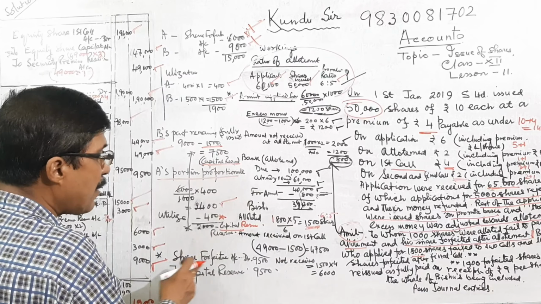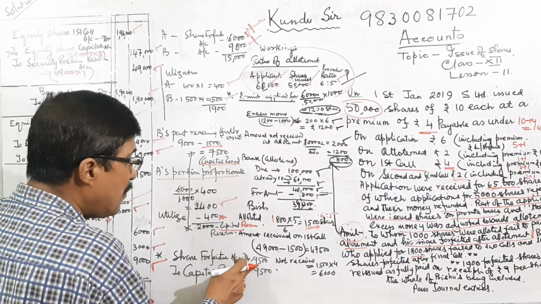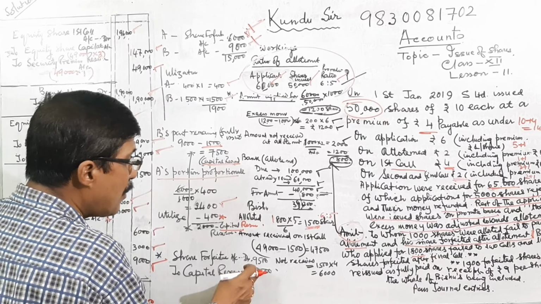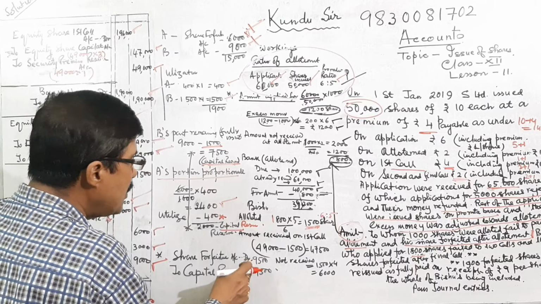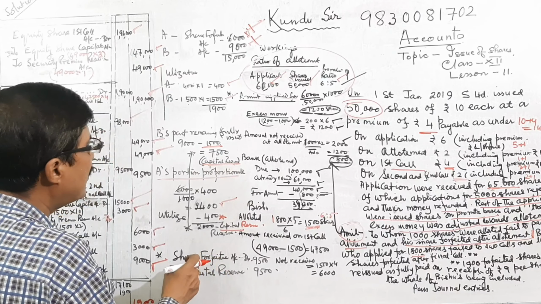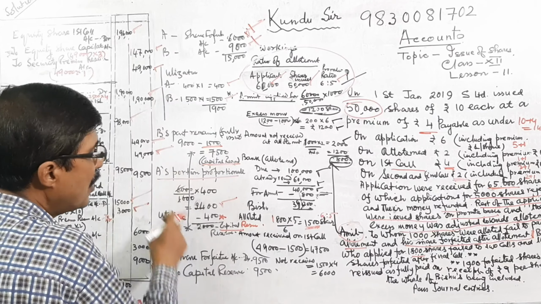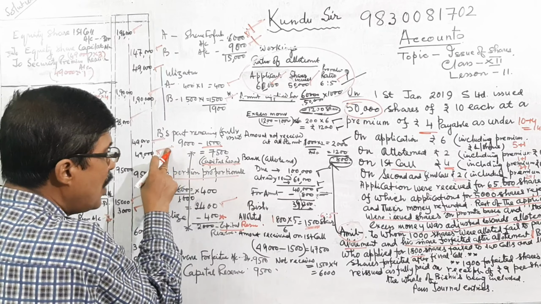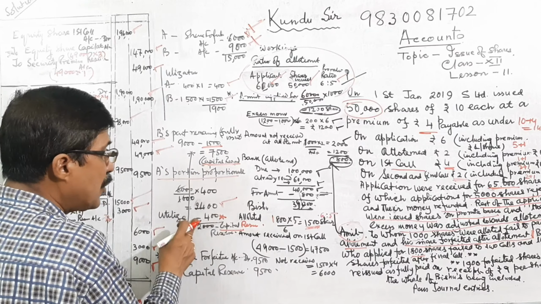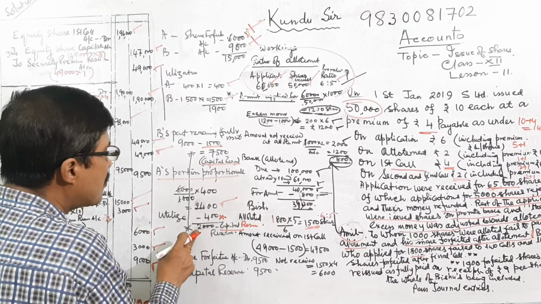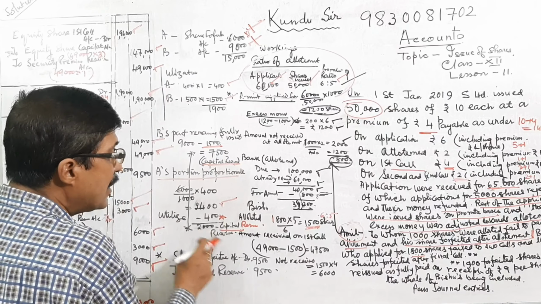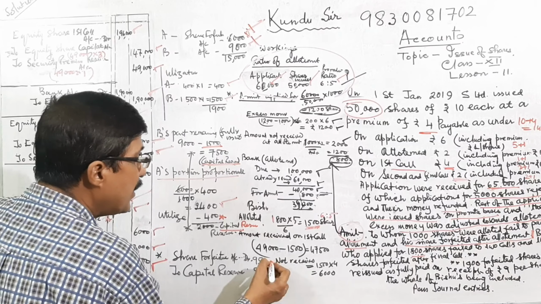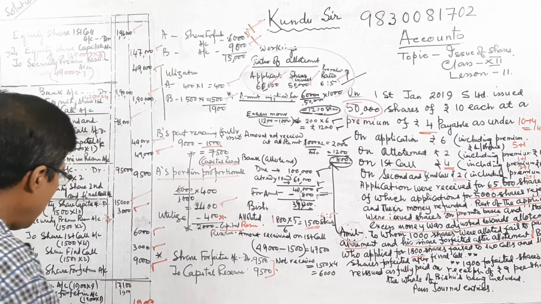Then share forfeiture account debit to capital reserve account, in which the entire portion after reissue is 7,500 related to Vishnu and 2,000 related to Amit, that is 9,500.